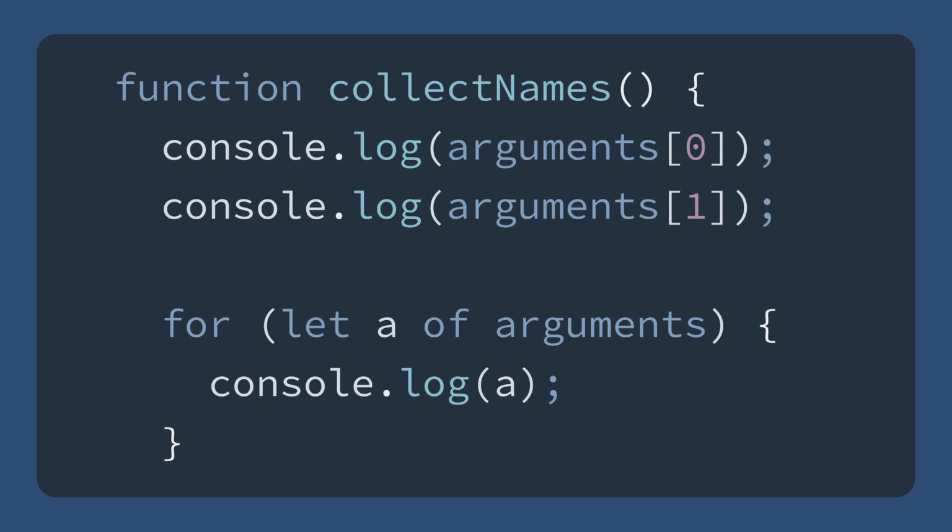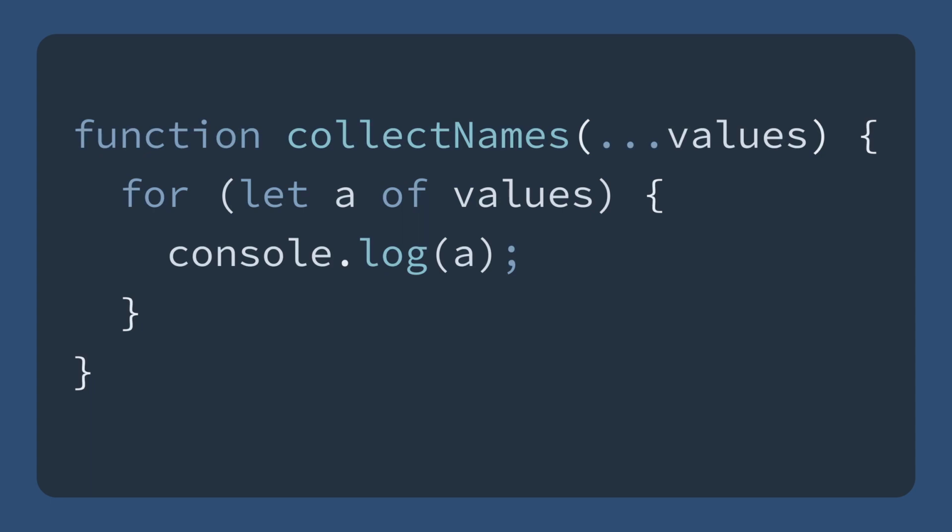The arguments object gives you a different way of accessing the arguments, for example by their index, or it also allows you to iterate over all of the arguments. It's not very common to use the arguments object today, and it's a pretty old feature of the language. In fact, you can only use it in classical functions and not in arrow functions. And you can get some of this functionality in better ways instead, like using rest parameters.